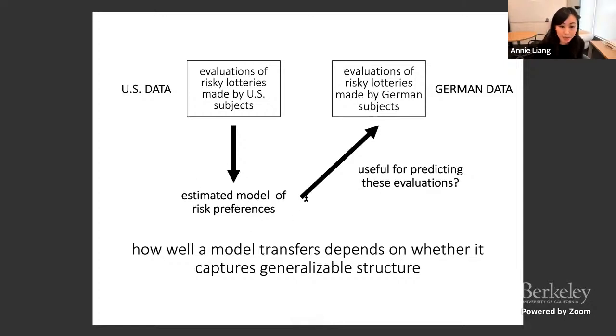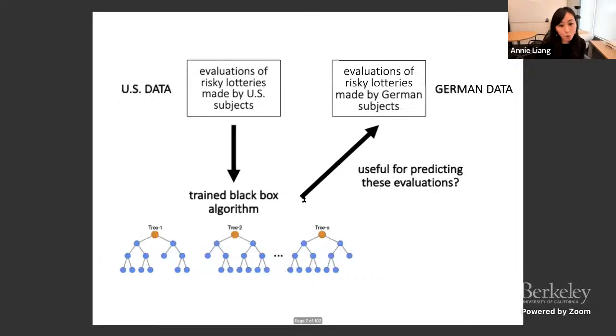So we can estimate an economic model of risk preferences, or we can train a black box. If you take that black box, you can use that equally to make predictions on the new data set. It's always a little bit fuzzy what we mean by black box versus economic model, but let me just highlight one key difference, which is whether the architecture is designed specifically for the setting you have in mind.